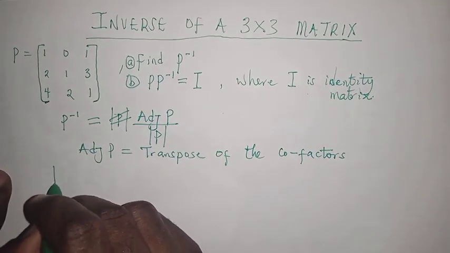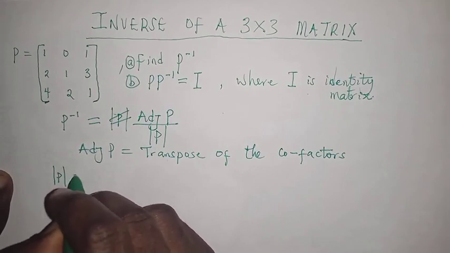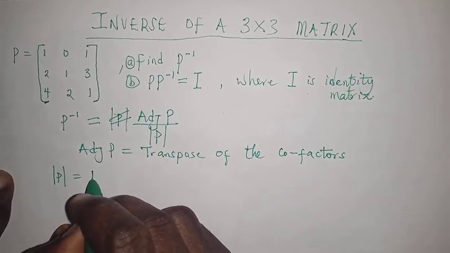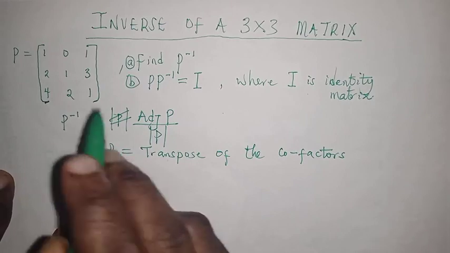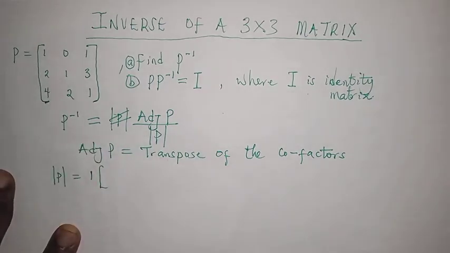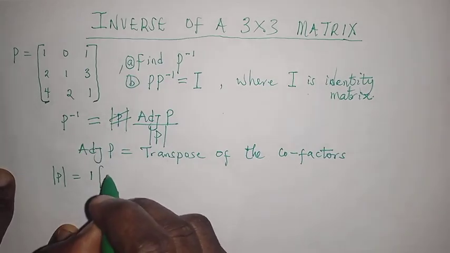So given matrix P, the determinant is simply going to be, I'll pick 1. Remember, if you've not seen the video on determinant of a 3 by 3 matrix, I'll advise you watch it because we're going to be applying straight away all what we've learned there. So I'm just going to go straight to working on them.